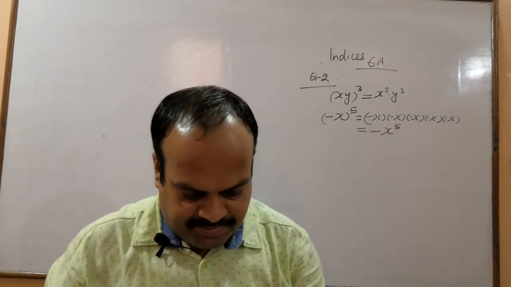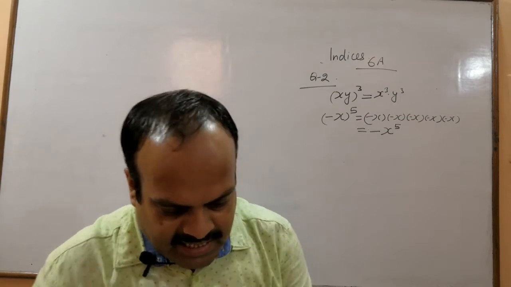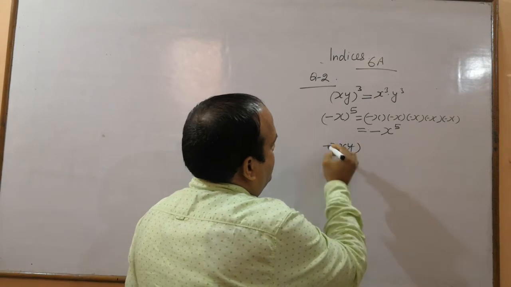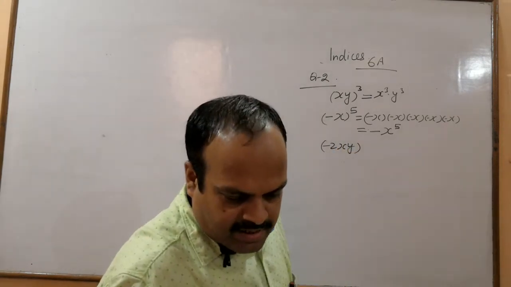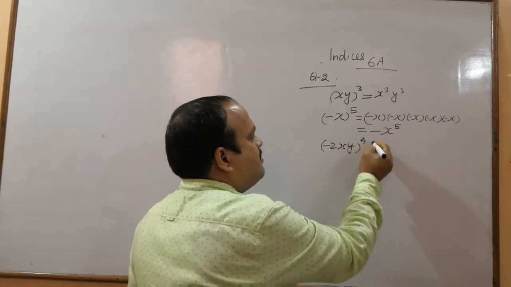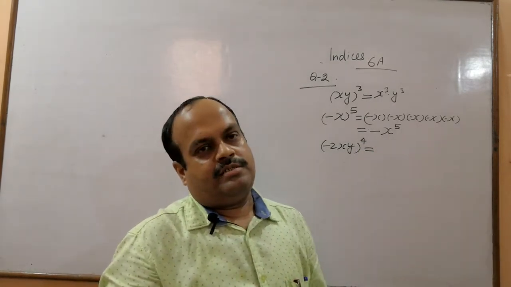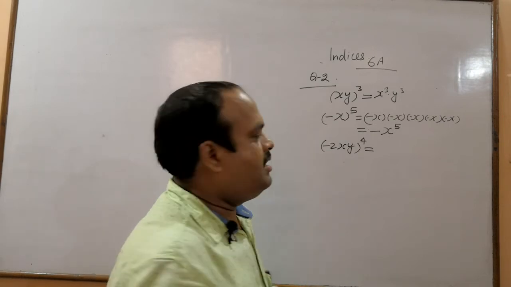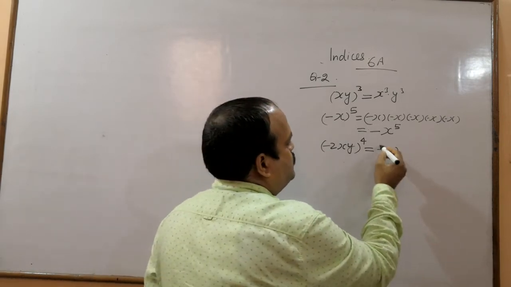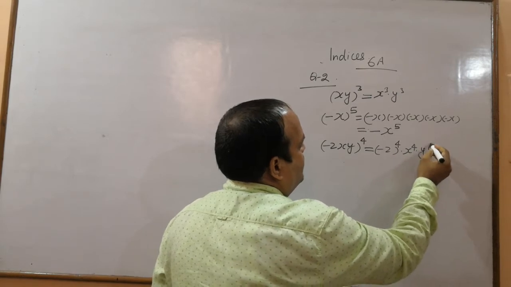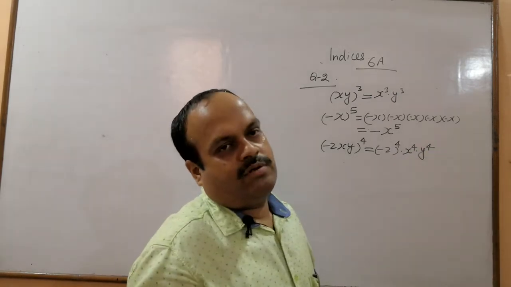Next, minus 2xy to the power 4. How will you get the result? You will write it as minus 2 to the power 4 into x to the power 4 into y to the power 4.